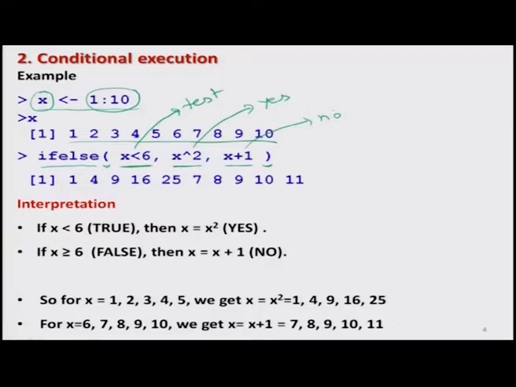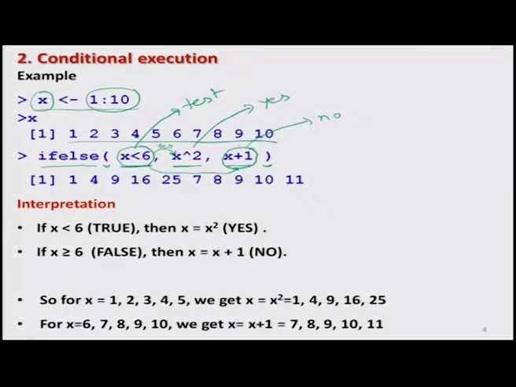What does this mean? As we had discussed, the control will come over here, to the statement under test, and it will try to test whether this statement is right or wrong, true or false. If the statement is correct, then this is going to be executed. And if this statement turns out to be false for a given value of x, then the next statement, x plus 1, will be executed.